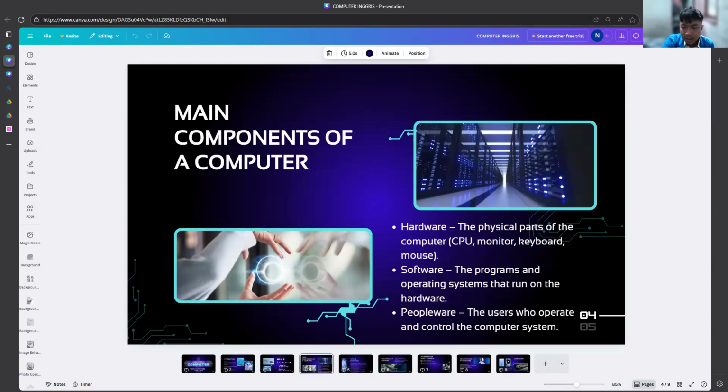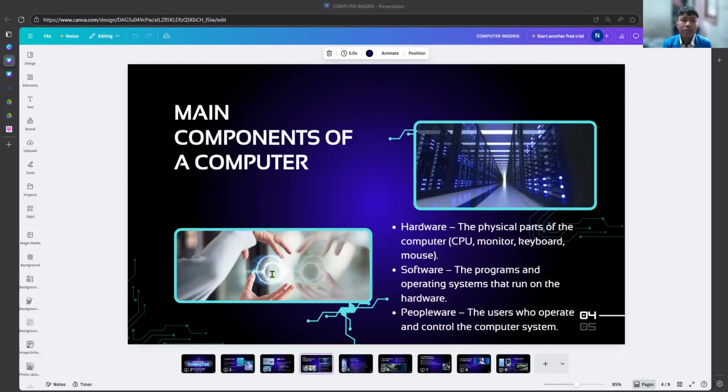The next component of computer is hardware, which includes the physical parts like the monitor, keyboard, and CPU, and the software, which are the programs of instruction that tell the computer what to do.